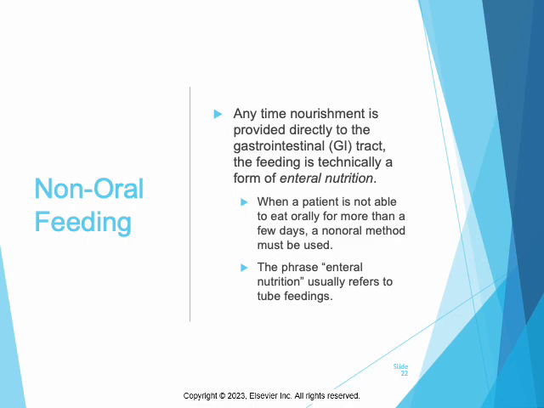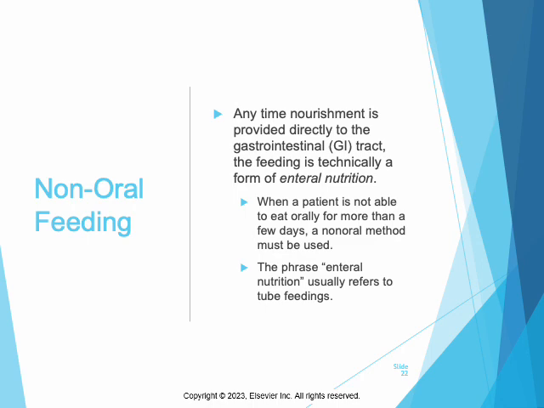Now we're going to transition into patient feeding anytime oral feeding cannot be established. When the GI tract is used to provide nourishment, the feeding is a form of enteral feeding.